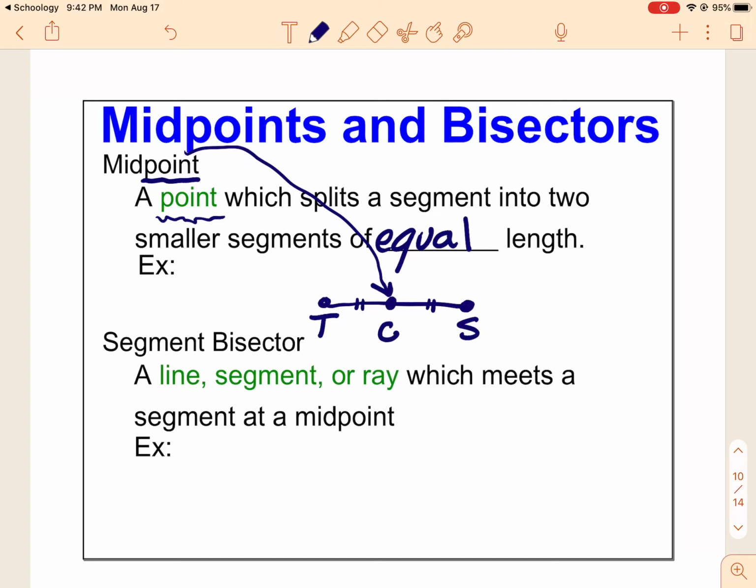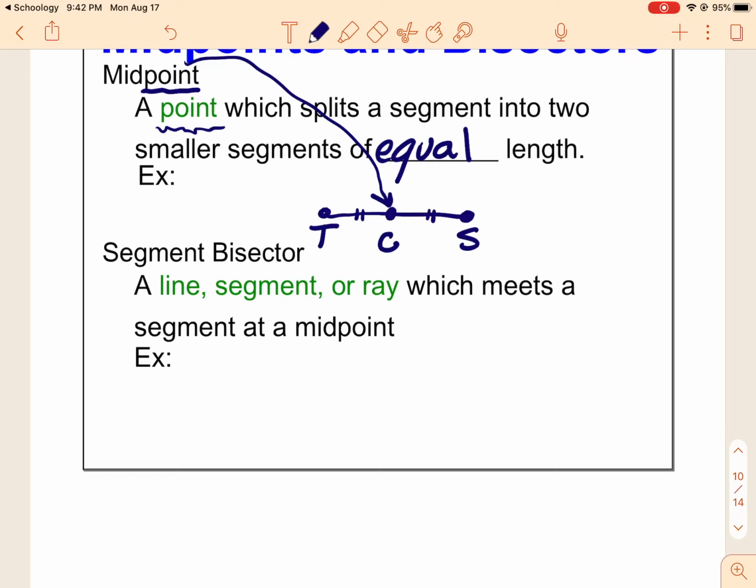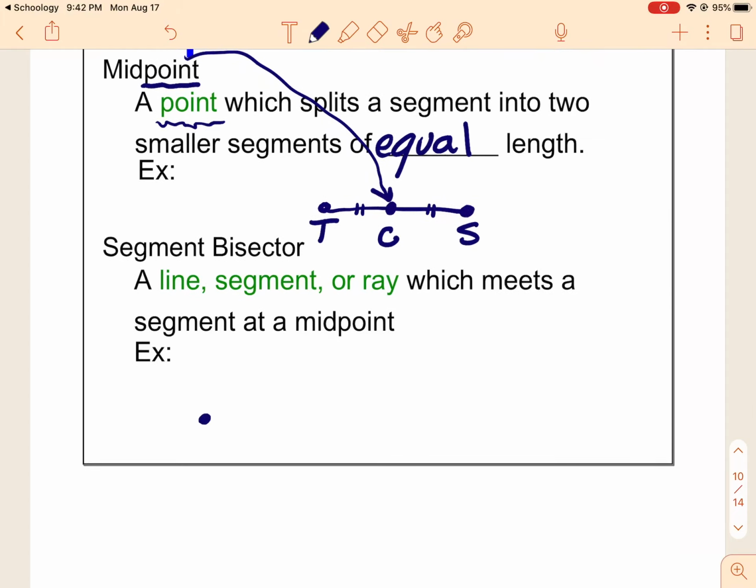Then we have a segment bisector, and it's a line, a segment, or a ray which meets a segment at a midpoint. So there's all sorts of different ways that can happen. So we can have a line segment, and right there in the middle ends up being the midpoint. Maybe it's possible that you have a line going through there and it cut it into two equal parts.